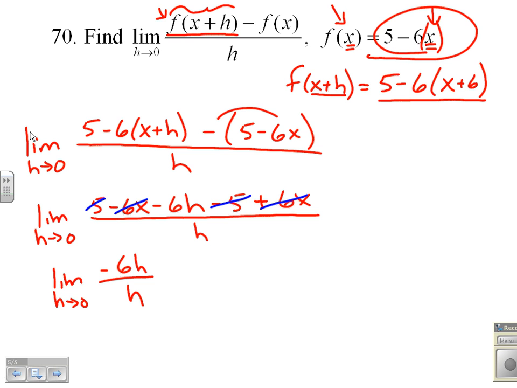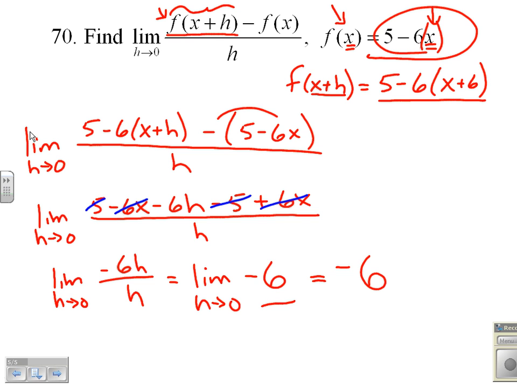I get 0 on 0. But we can factor out or cancel out h's. And I'm finding the limit as h gets close to 0 of negative 6. And there's no place to put my 0 in there. There are no h's in this. So this is just negative 6.